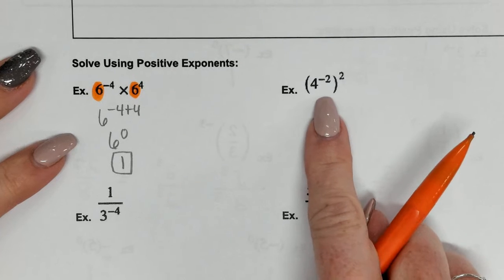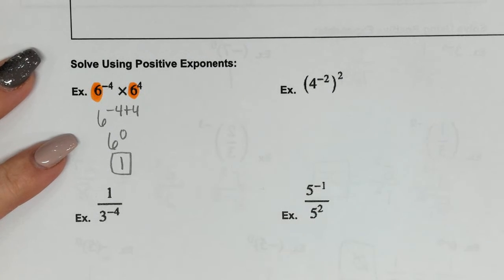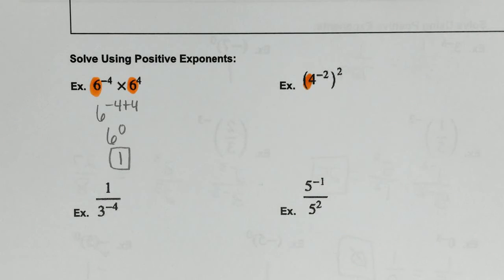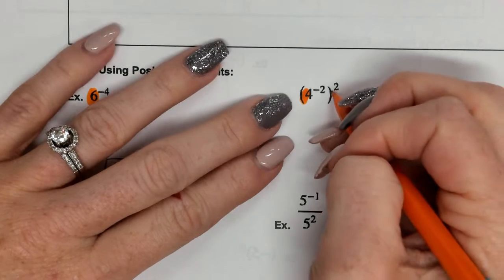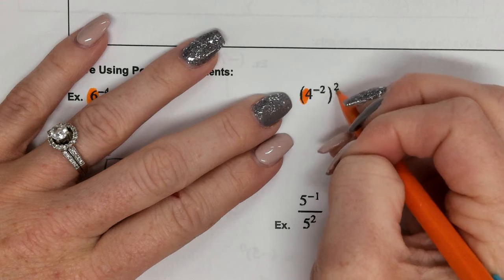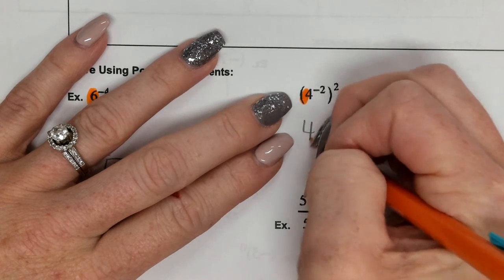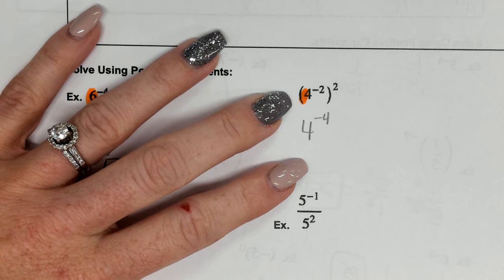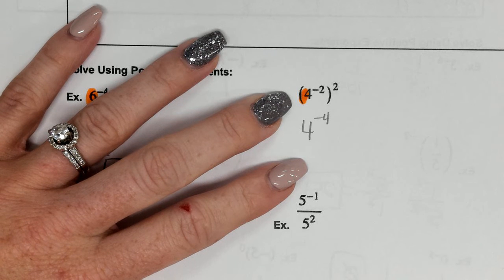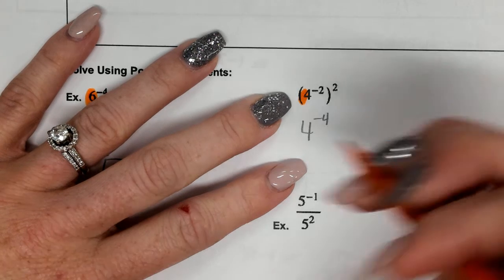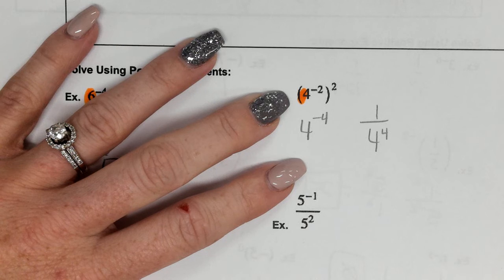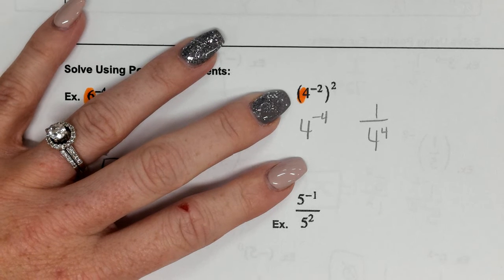All right, this is called power of powers because there's only one base of 4, and the power is being raised to the second power. So what would I do with these? Multiply them. So I have 4 to the negative 4. Is that a good answer? No. I cannot have a negative exponent. So I pull it to the bottom of a fraction. 1 over 4 to the 4th.